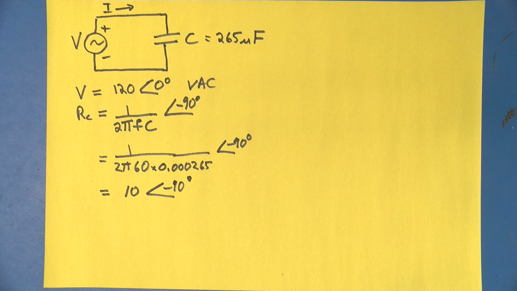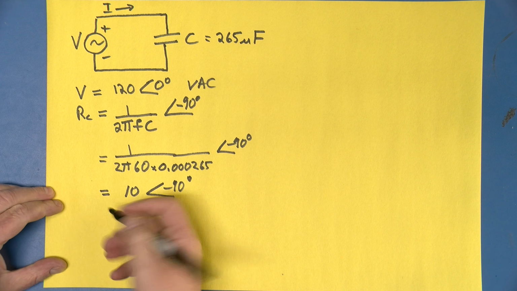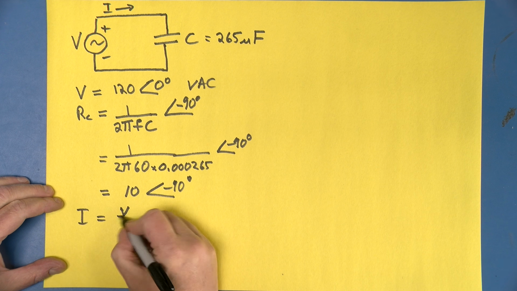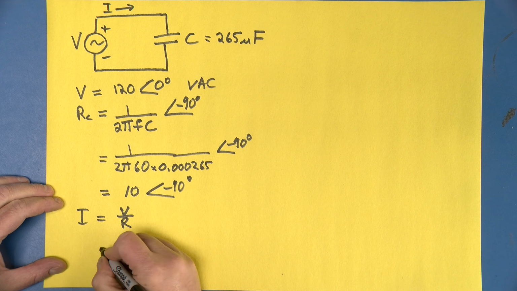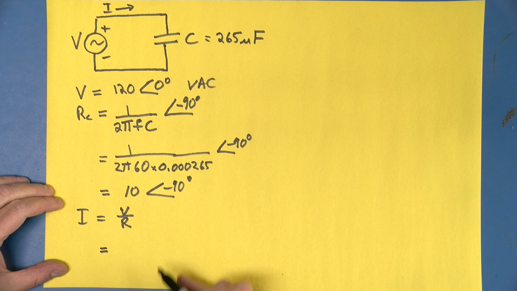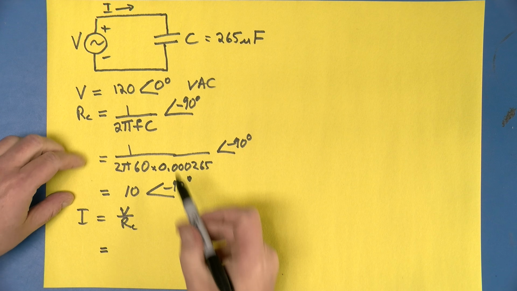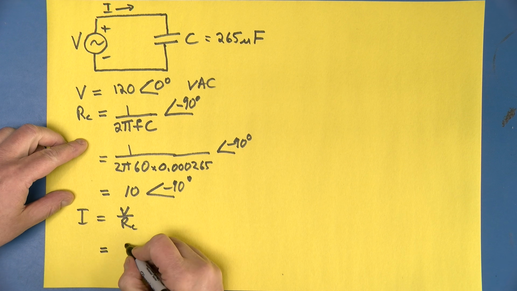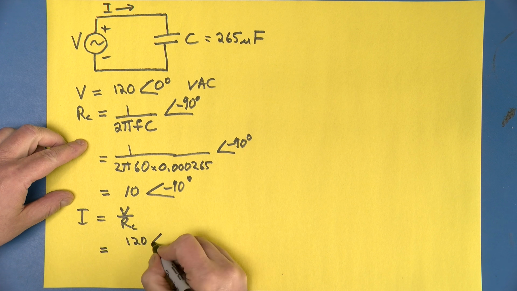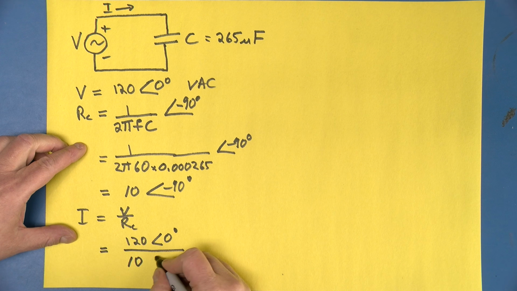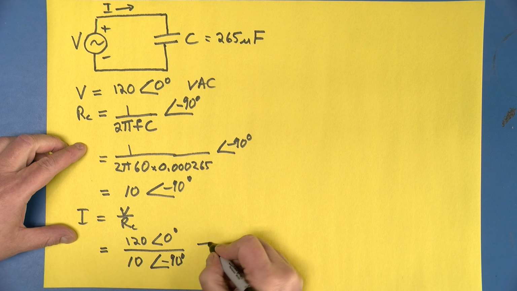Okay. Well, once again, we'll use the nice old Ohm's law of I equals V over R. And in this case, R is the reactance of the capacitor, so we'll just put a C in there. And so what we'll say is I equals 120 volts at 0 degrees divided by 10 at an angle of minus 90 degrees.